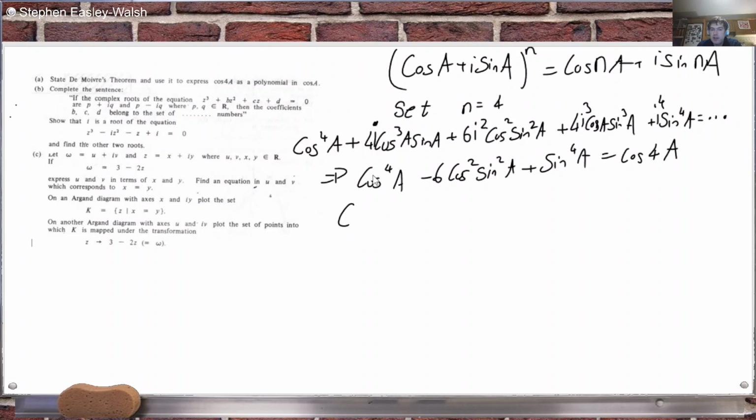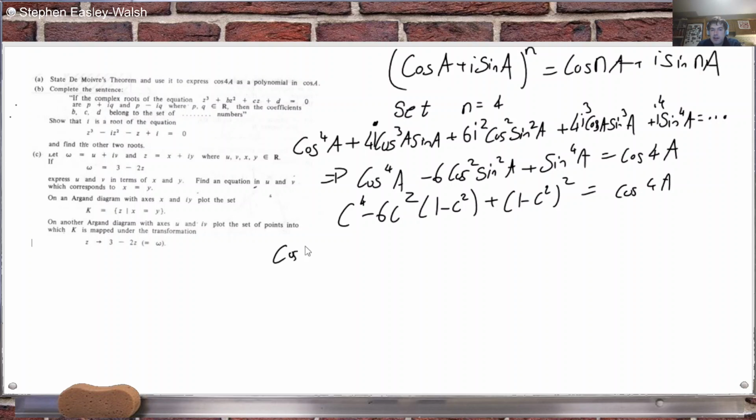So that's cos to the power 4 minus 6 cos squared, and sin squared is 1 minus cos squared, and then sin to the 4 is going to be 1 minus cos squared, squared, equal to cos 4A.